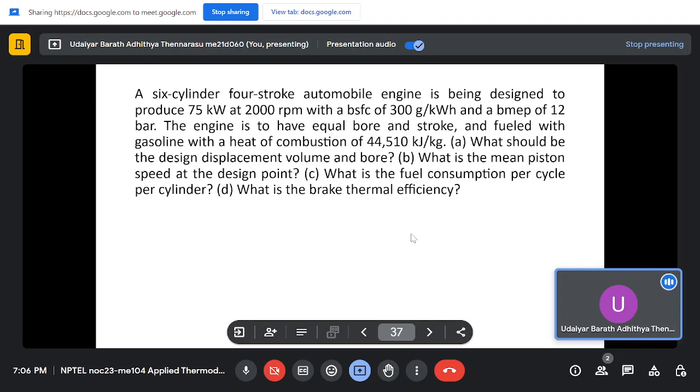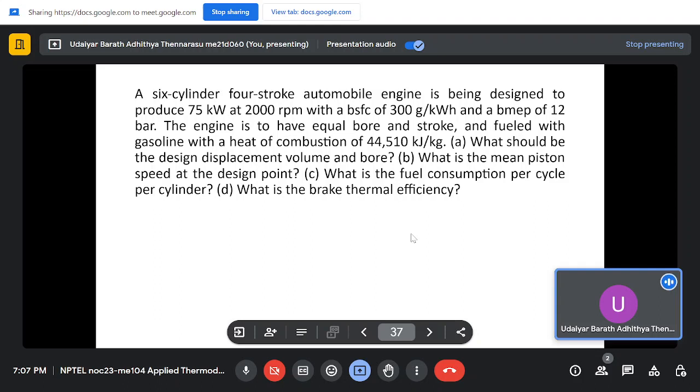Moving on, we have a 6-cylinder 4-stroke automobile engine being designed to produce 75 kilowatt at 2000 rpm, with brake specific fuel consumption of 300 grams per kilowatt hour.